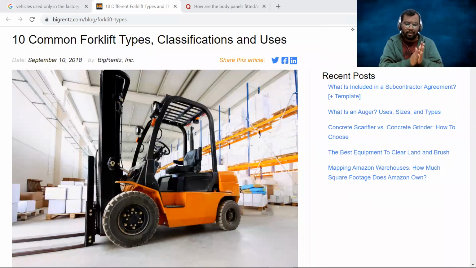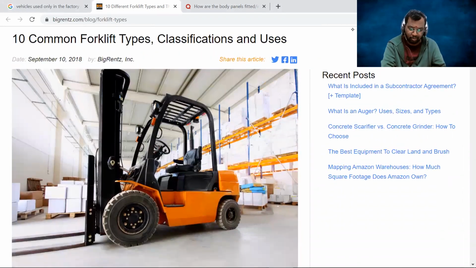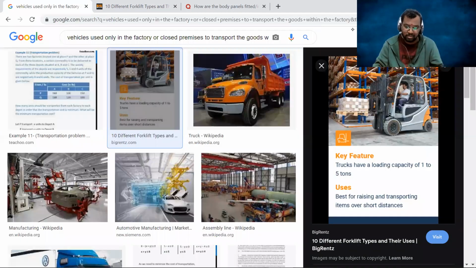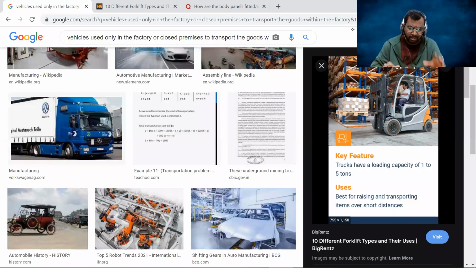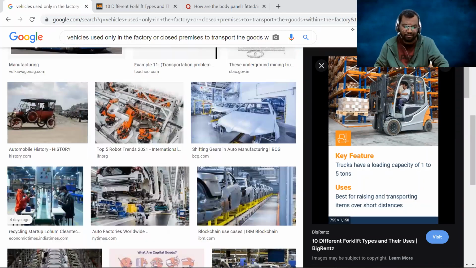So this is some example for the vehicles which are exclusively used in the factory premises. You can see this example, this particular good vehicle. This kind of vehicle you can observe only in the factory premises, sir. And these vehicles you cannot find in the common roads, right? So even the small trucks which are exclusively used in the factory premises.